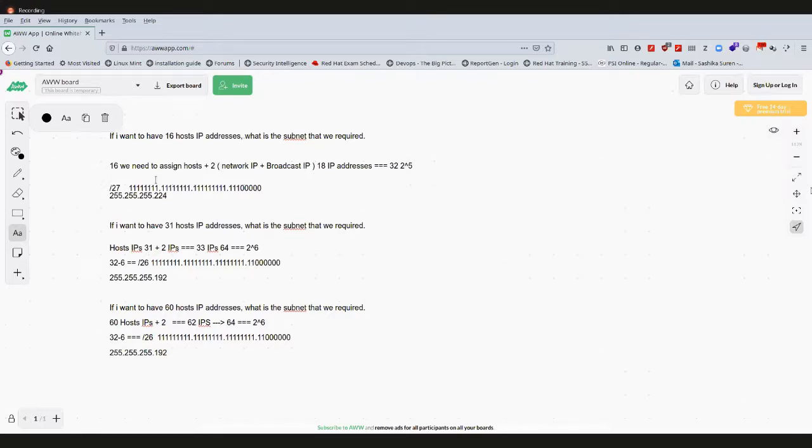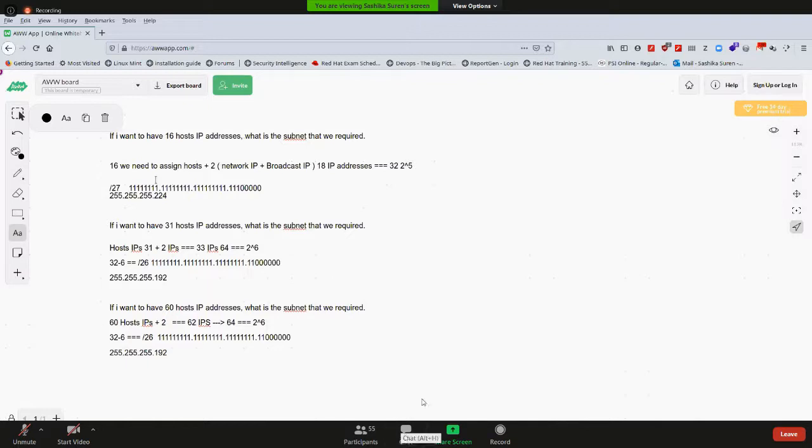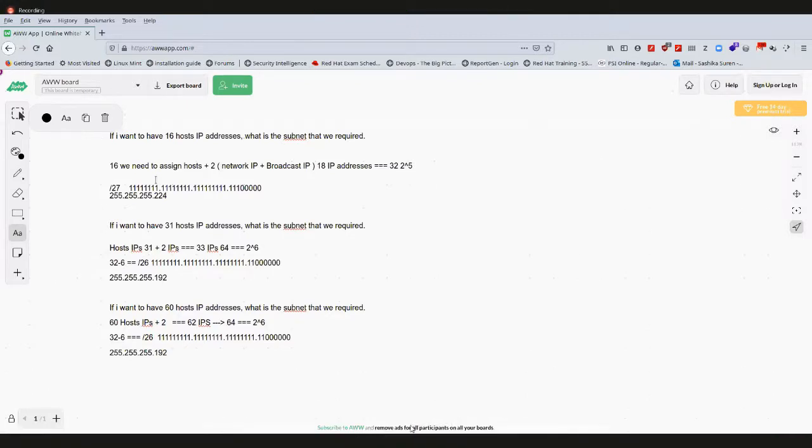If you can't understand anything, just let me know, because right now we have only about another 2 weeks to finish off our IPv4 address scheme, and then we are going to start the IPv6 address scheme, which will take about 10 hours.